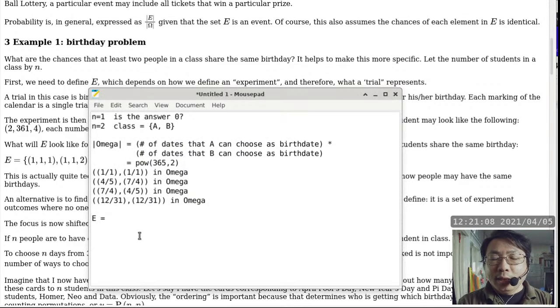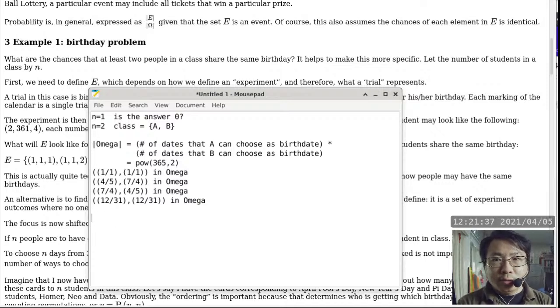All right, so what does E look like? Well, E is going to be a subset of omega. In other words, elements in E are going to look like elements kind of like this, except they have to meet the requirement that we want, which is at least two people in the class sharing the same birthday. So E is really enumerating all the ways that two people in class can share the same birthday. So what is that going to look like?